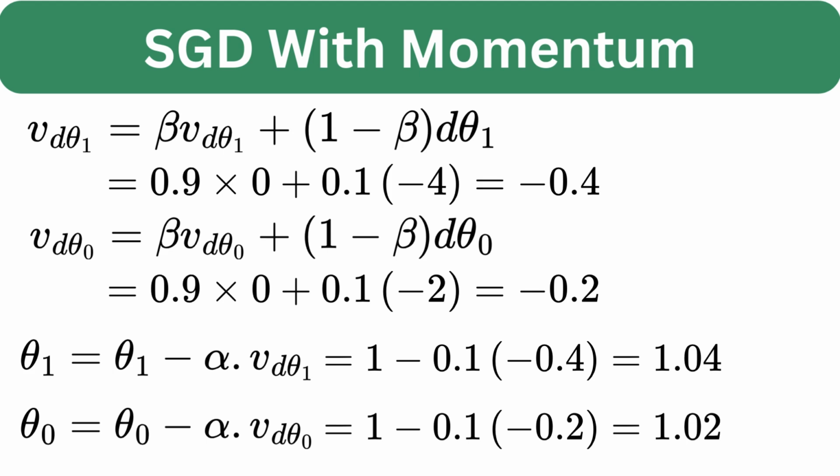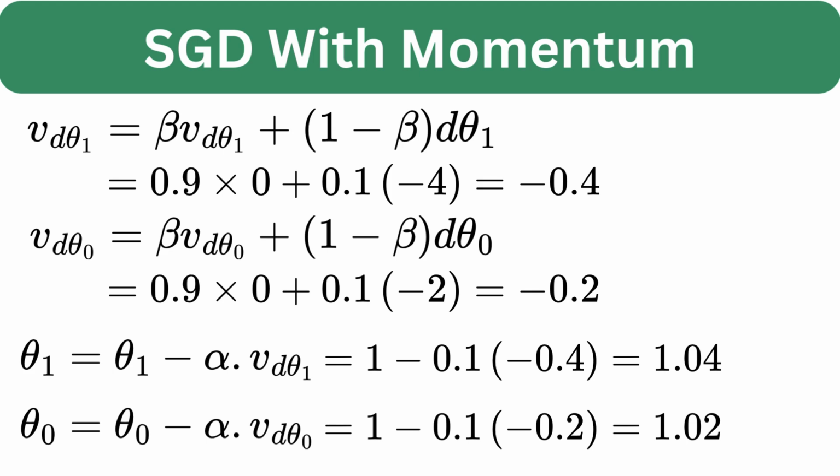So the velocity for theta 1 becomes negative 0.4. Similarly, for theta 0, beta is 0.9, initial velocity is 0, 1 minus beta is 0.1, and the derivative of loss function with respect to theta 0 is negative 2. So it becomes negative 0.2.